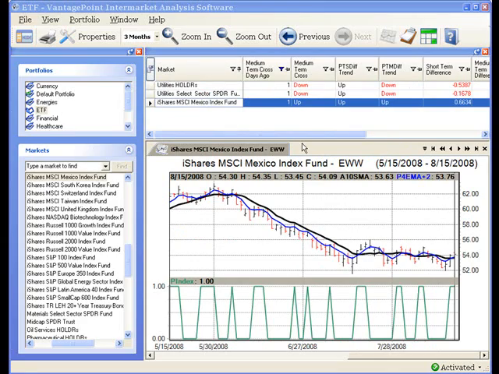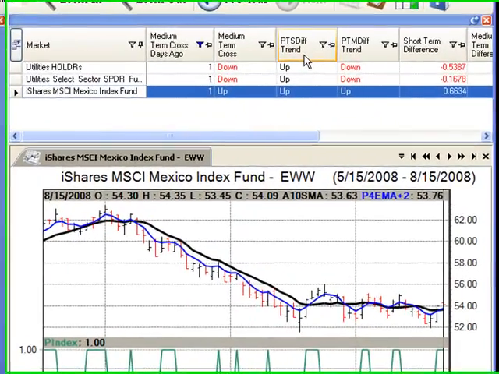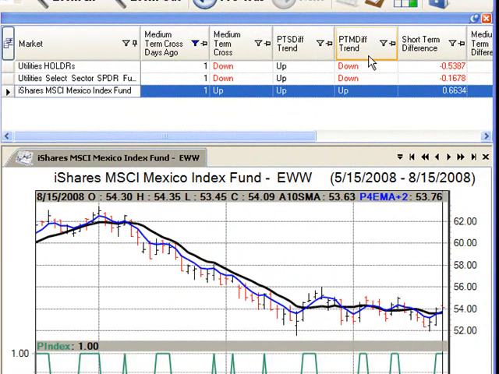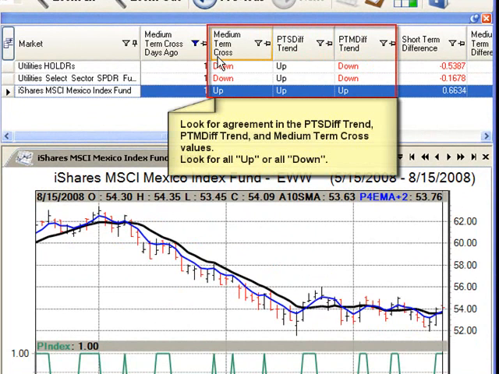The next values that you want to look at are PTS diff trend and PTM diff trend, and you compare these values to the medium-term cross and look for agreement among the three values. For example, when medium-term cross is down, ideally you want to see PTS diff trend down and PTM diff trend down.